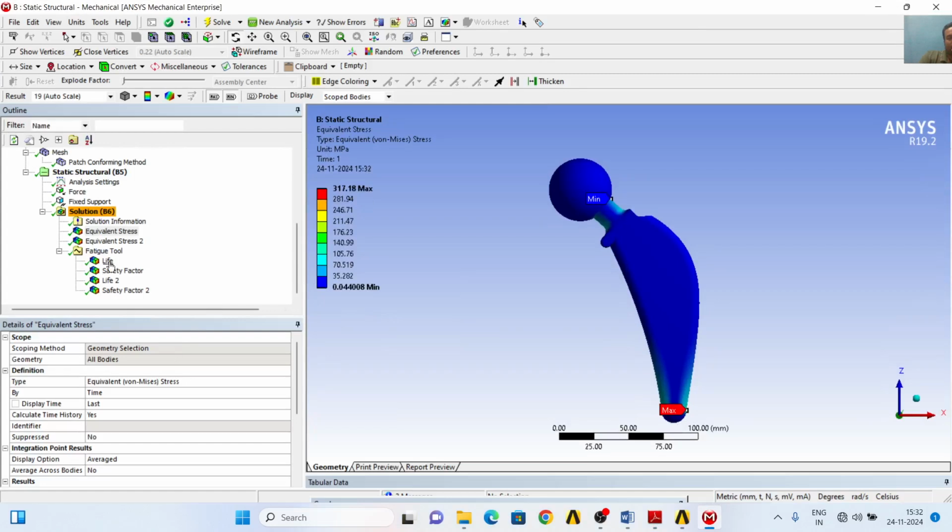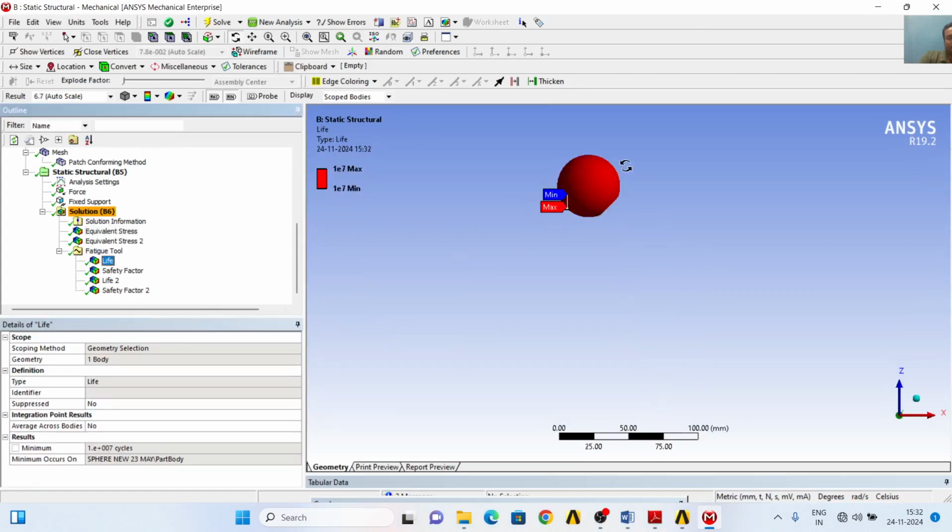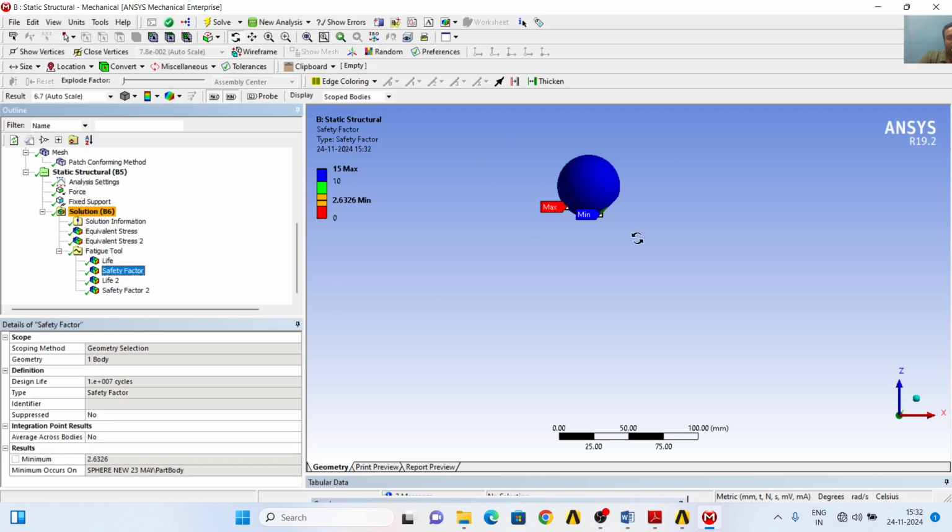With life of head 1e7, 10 to the power 7 life cycles, the head is going to survive. And what will be the safety factor for the head material? It will be 2.6326, which is far higher than 2, which is considered to be a good safety factor.